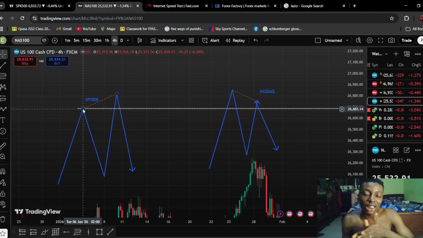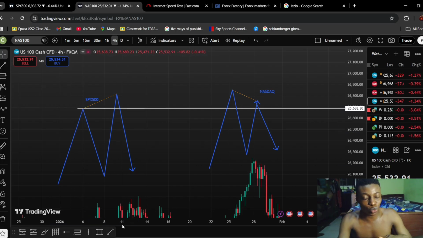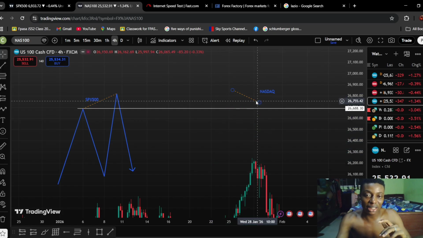On the other correlating pair, there is a high chance that price might not end up sweeping that high. Instead, price will just go in the opposite direction. That is what happened here. We swept this high here, but we didn't sweep this high here, and price went in the opposite direction. So this is a bearish SMT.